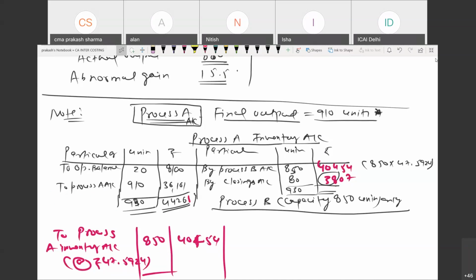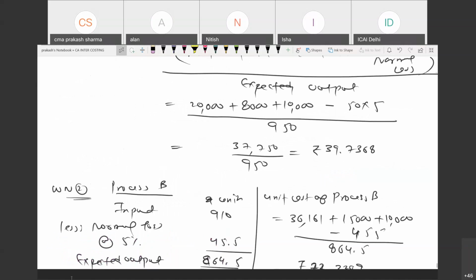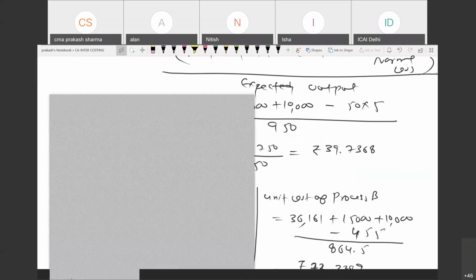ठीक है बेटे. ओके, तो लेट मी शेयर स्टडी नोट, स्टडी मॉड्यूल विद यू टू टेल यू a similar question on this concept is given in the institute module. Let me find out that question first.